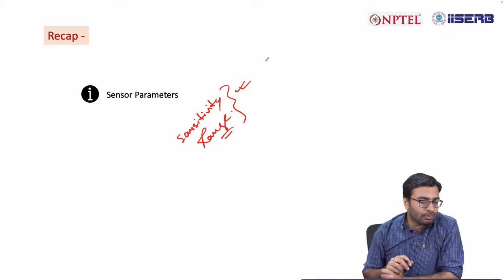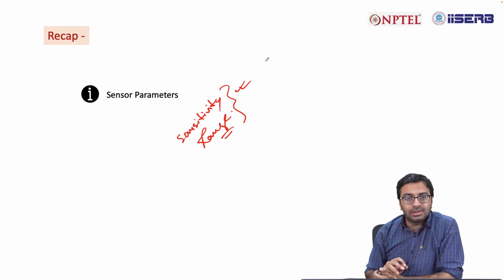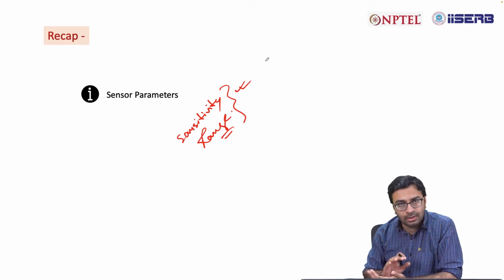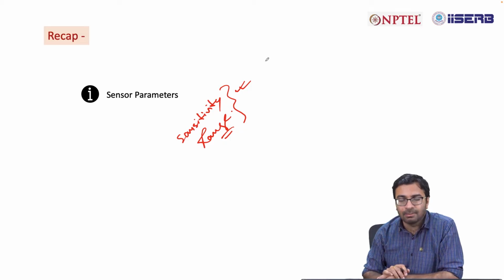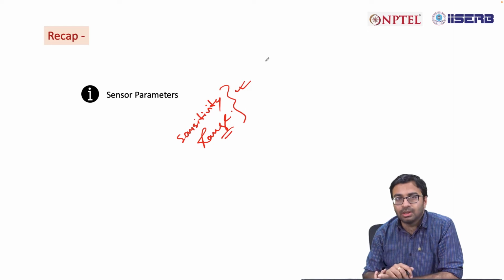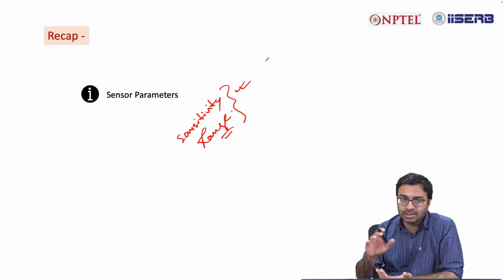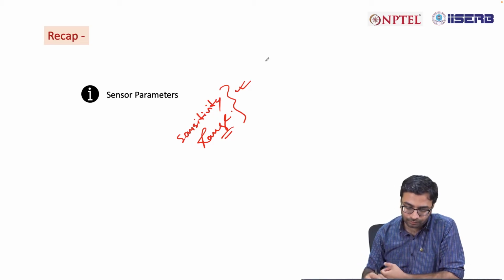So in order to do this analysis, or in order to give you an understanding, in this particular lecture, I'll solve some of the problems associated with the same, so that you get a better understanding about the calibration curve, the parameters associated with sensors, and overall the sensor implementation and so on.